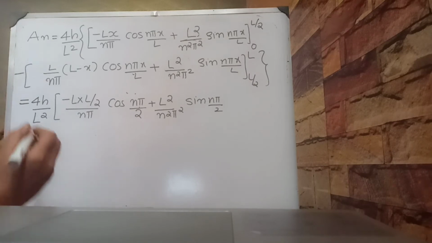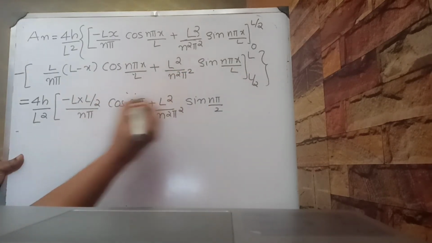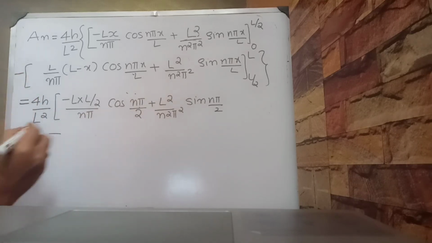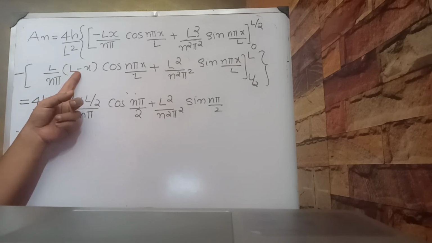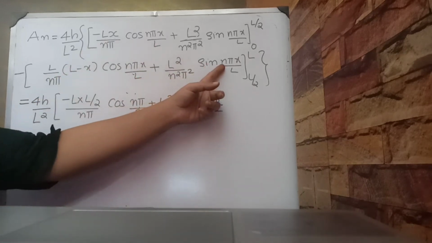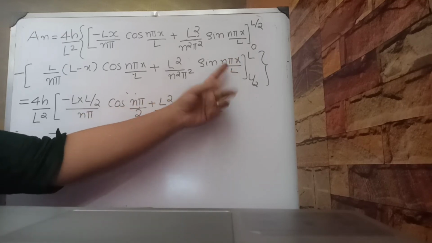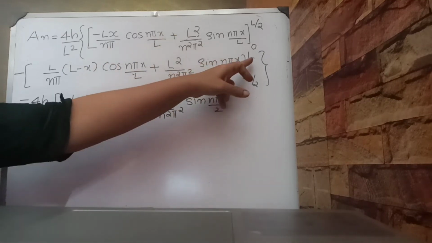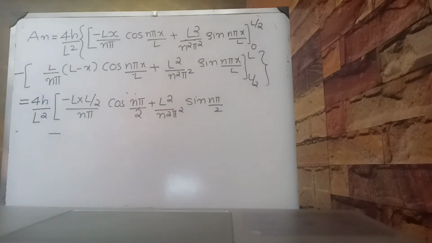Now you have to give the upper limit L to this. So we have minus, this minus, upper limit L into L minus L. So that is 0. Then here also you have sin n pi. When x is equal to L, you have sin n pi, that is also 0. So when you substitute the upper limit L, these terms become 0.